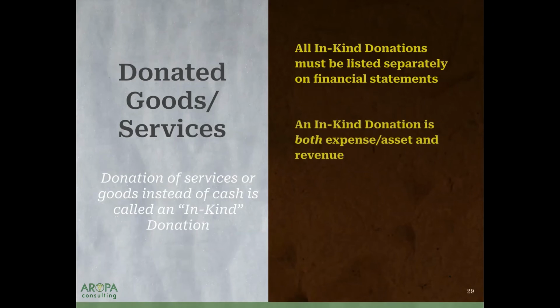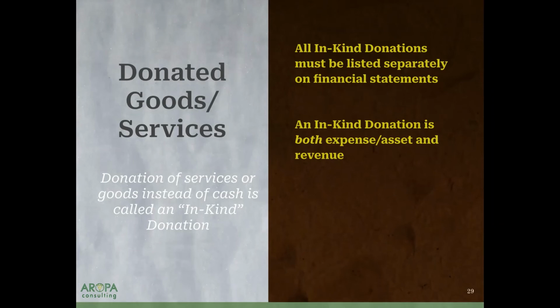Now, an in-kind donation is both expense and income. And that can seem a little counterintuitive because it's a donation. We have no expense. Well, the idea is that if I'm an accountant, right, and I normally charge $200 an hour for my services, but I'm donating my services each month to do your books and your bookkeeping, so instead of charging you $2,000 for these services, I'm donating it.